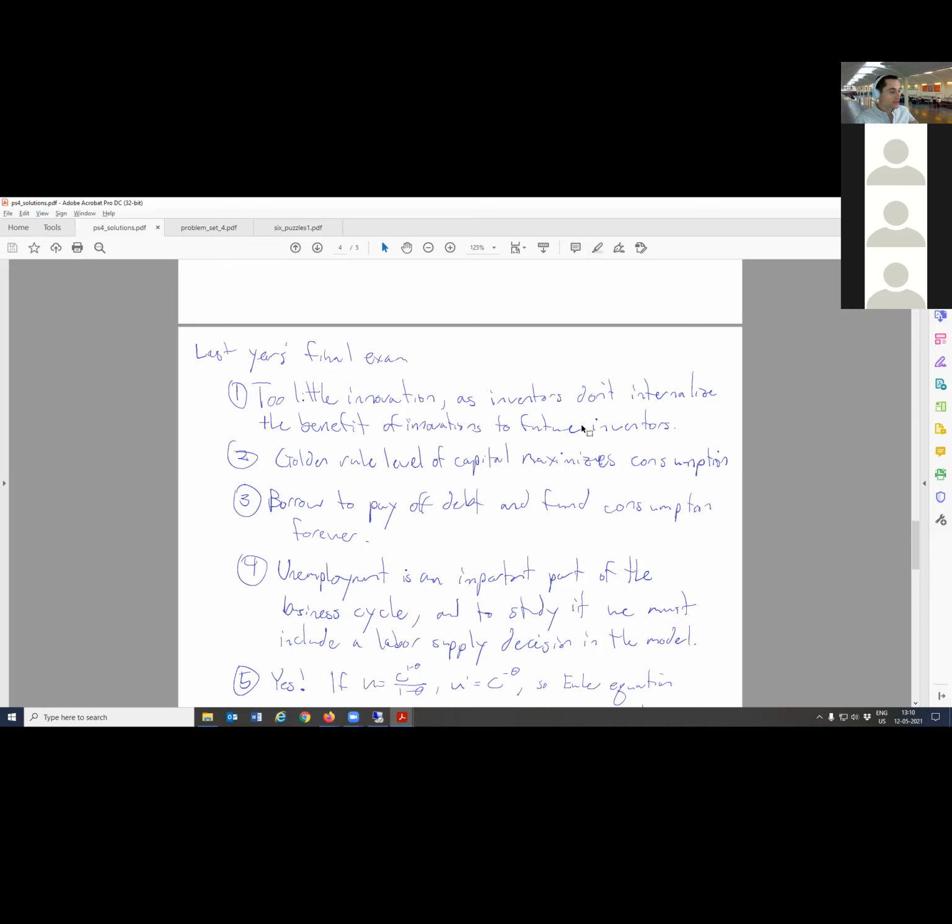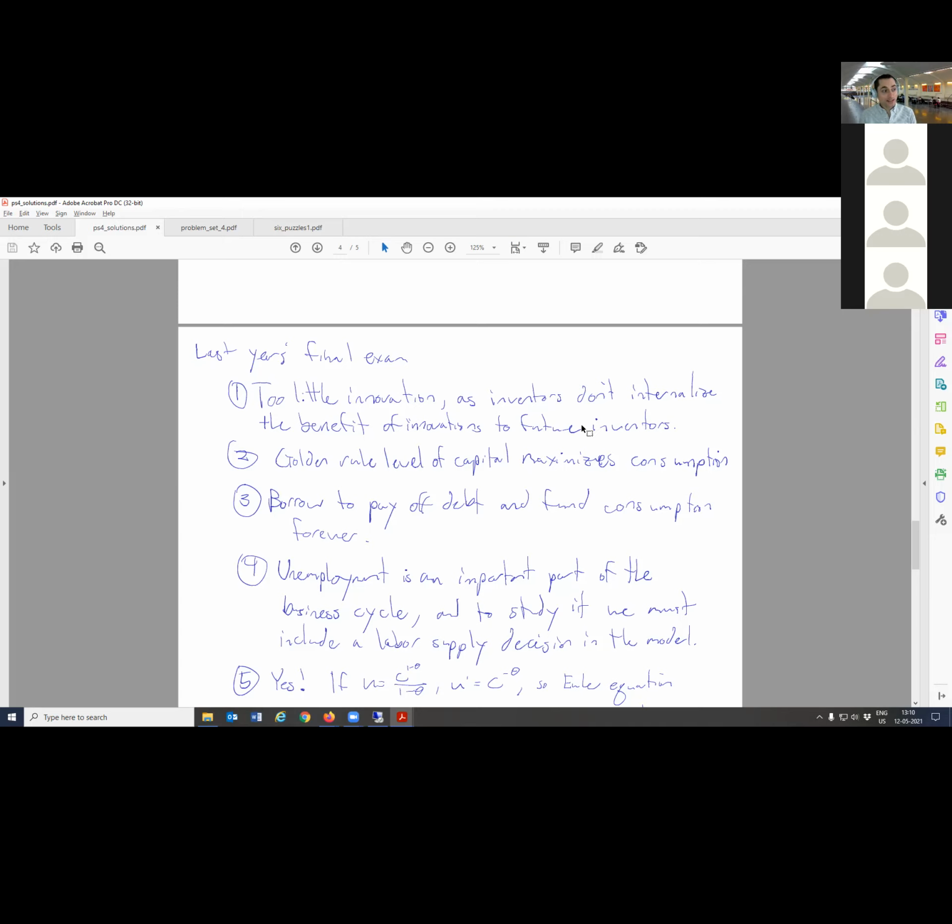There's no way that future inventors can pay you for that, or you can exclude them from using your technology as a stepping stone to the next technology. Okay, and then what's that supposed to represent? It's supposed to represent the fact that if you think about patent systems, one important part of the patent is that it's public. So anybody can look up the details of an invention if it's a patent.